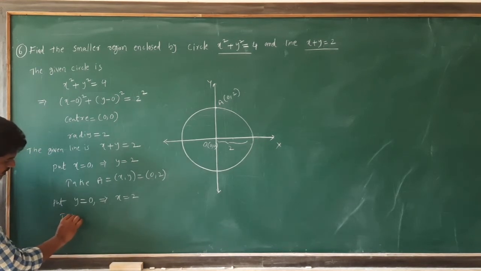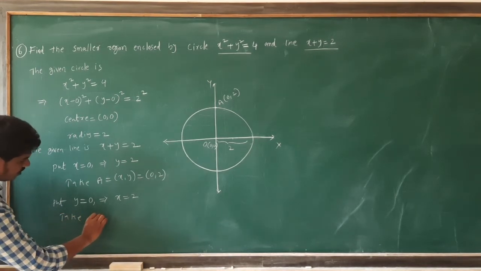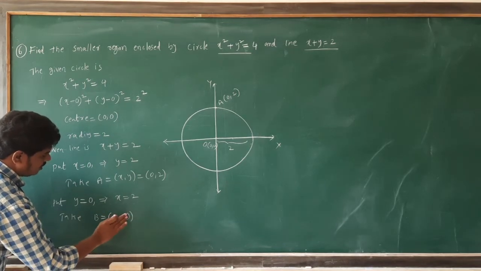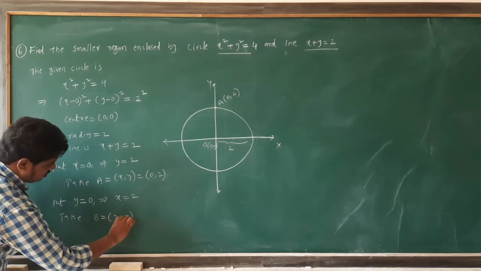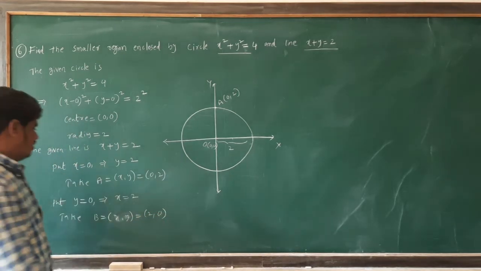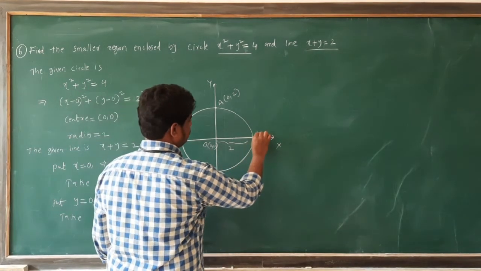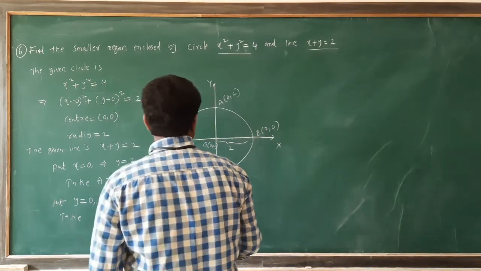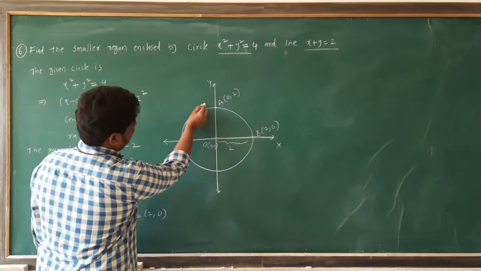Take this point as B. B equal first x value 2, next value 0, that is x comma y equal 2 comma 0. Here is point B, 2 comma 0. Okay. Now join these two.